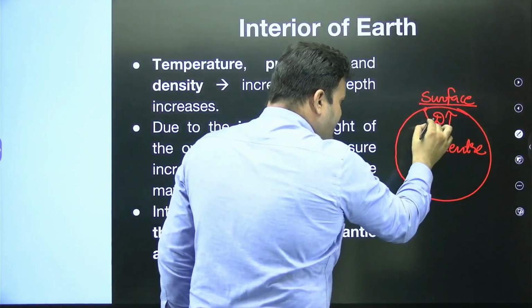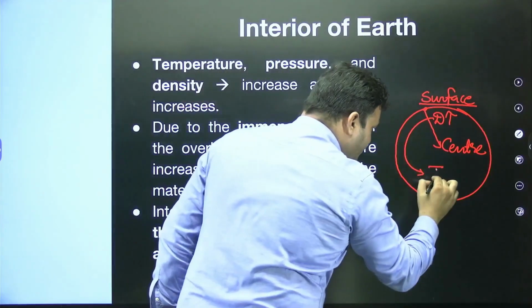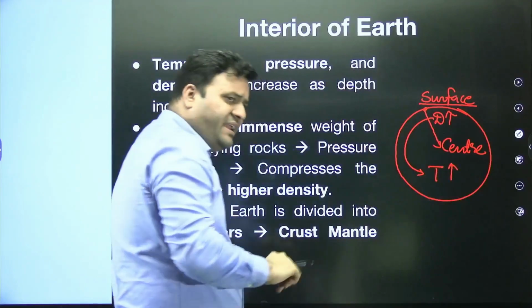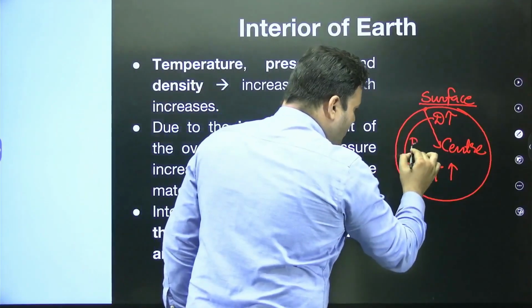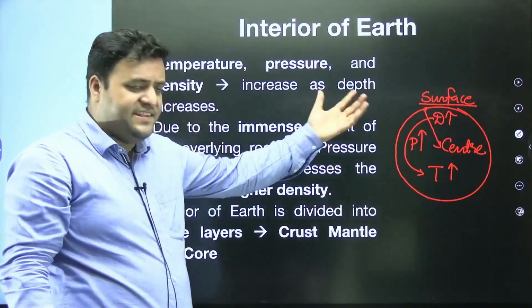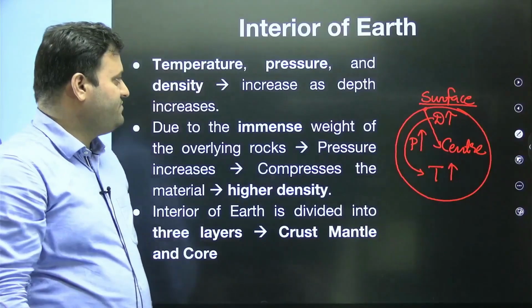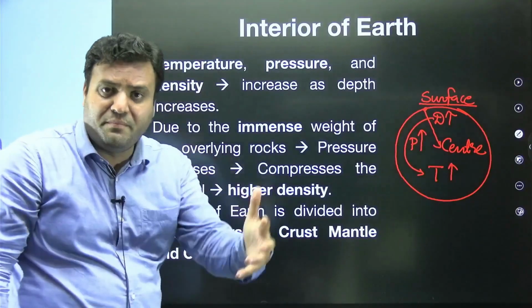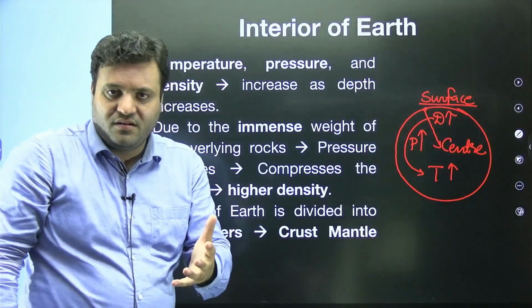As density increases, temperature will increase. Both density and temperature will increase because of pressure. So when the pressure is increasing, density and temperature will also increase in the interior, and when you go deeper, they will increase further.